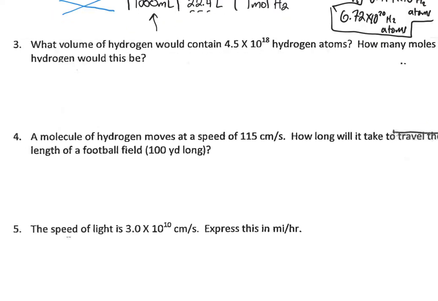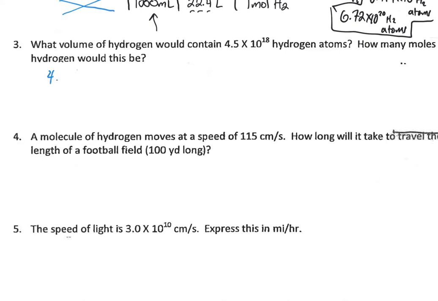Okay. What volume of hydrogen would contain 4.5 times 10 to the 18 hydrogen atoms? And then it says how many moles of hydrogen would this be? Okay, so first thing I need to do is convert atoms into moles, and I'm going to use the conversion that they gave me in the first step.